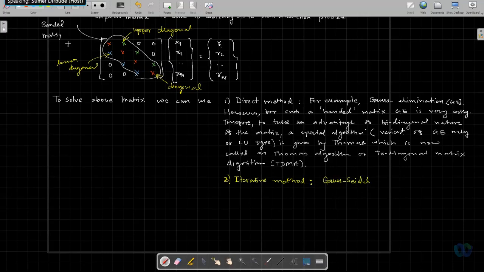Now, in such cases, if the matrix is banded and of small size, then it is wise to use TDMA over Gauss-Seidel.